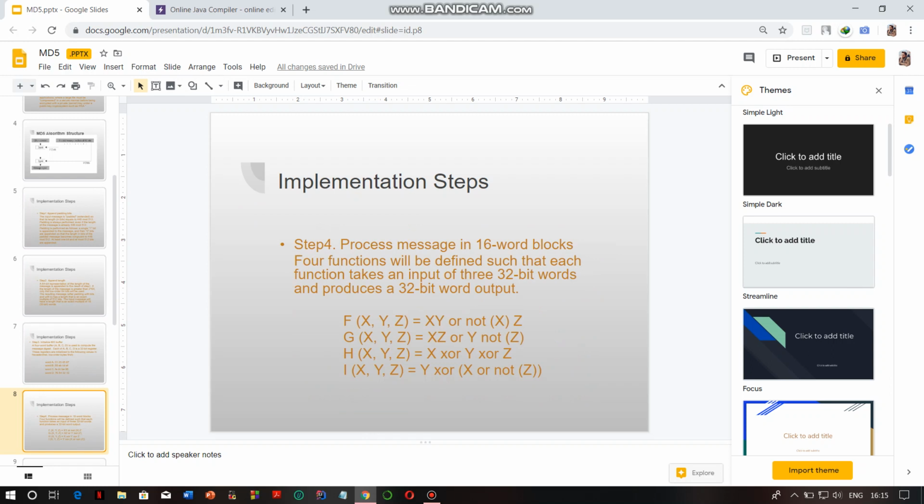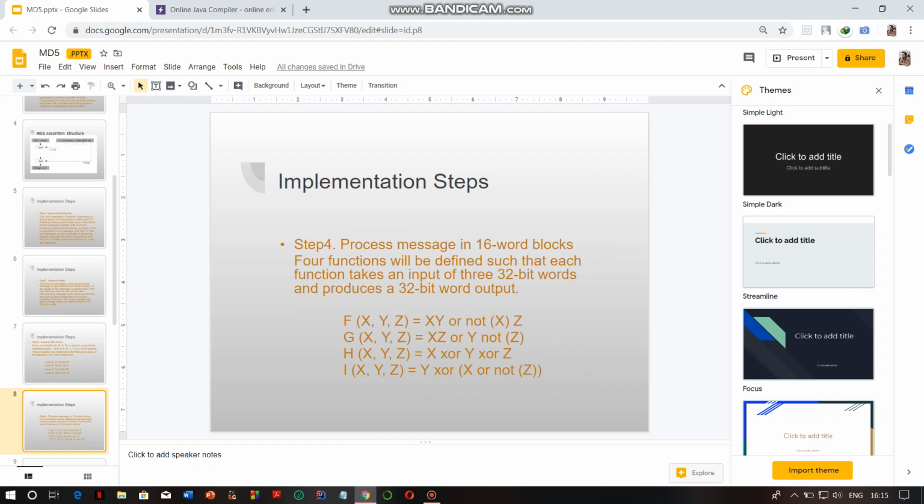Now comes step 4, that is processing the message in 16-word blocks. It uses auxiliary functions which take the input as three 32-bit numbers and produce a 32-bit word output.